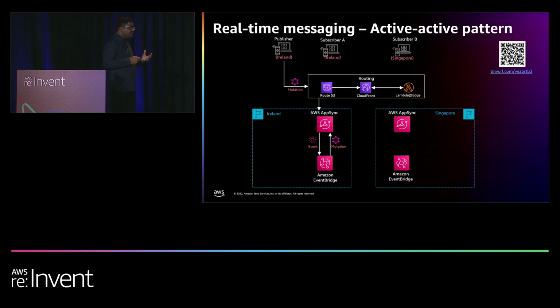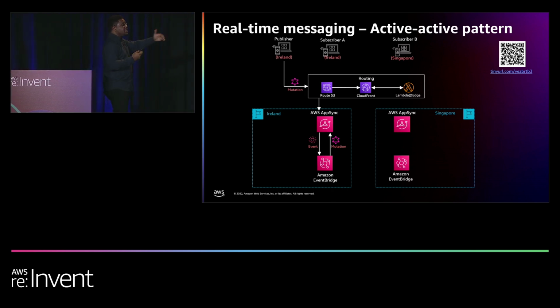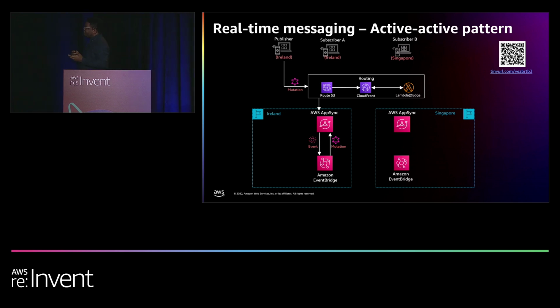So there's something that Amazon Event Bridge does. It republishes the message using HTTP destination. So Amazon Event Bridge has a capability called HTTP destination that allows it to send an event to a particular HTTP endpoint, similar to how we can send an event to, say, an AWS service. Why we do this, if you look at the previous slide, is really around how do we still enable that multi-region event routing.